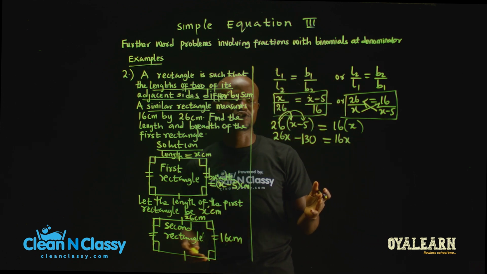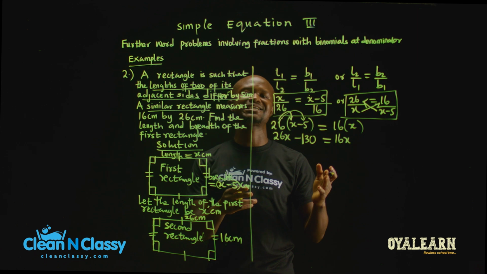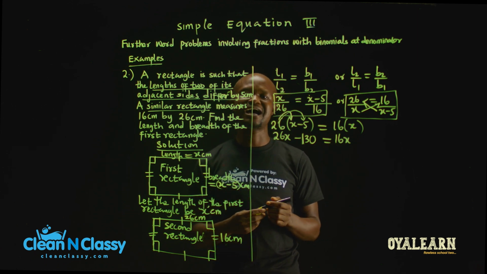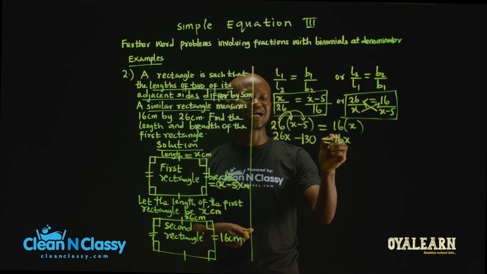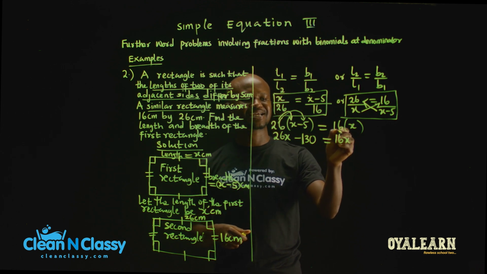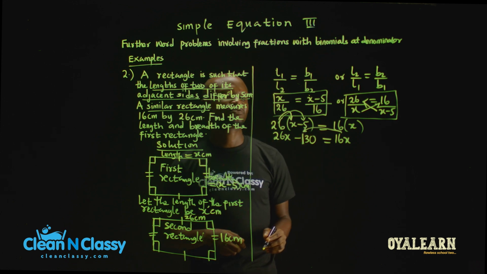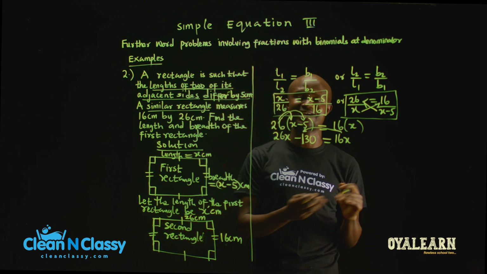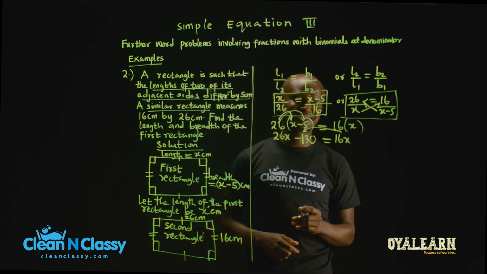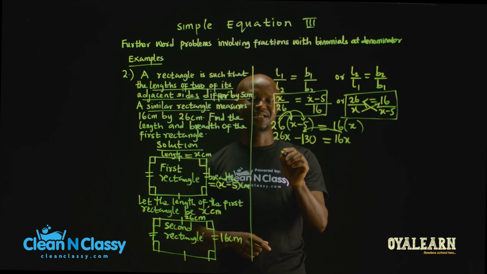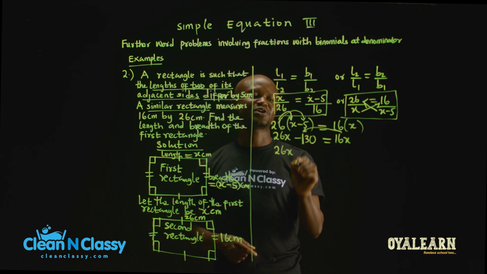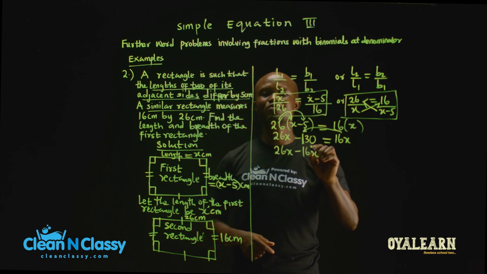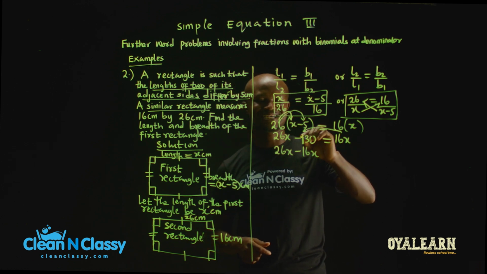What is the next thing for us to do? It is to collect the like terms. 26x and 16x are like terms. You can move either 26x or 16x. Now let's move 16x to the left, so we have minus 16x. Then we move minus 130 to the right.